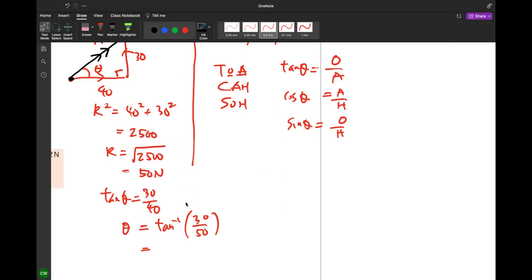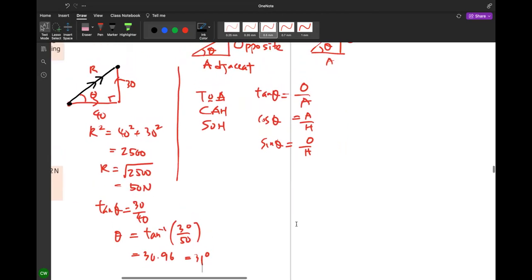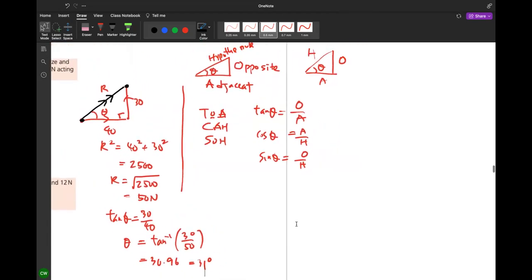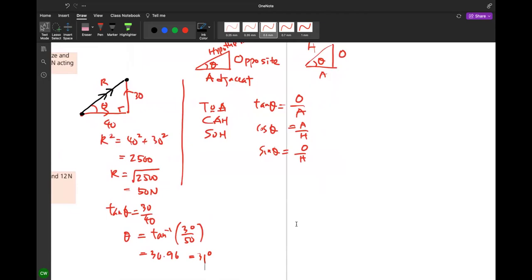30.9697. Is it correct? 30.96 or 31 degrees. Okay, this is how we should get the answer. That means you have to use the triangle to get the answer.